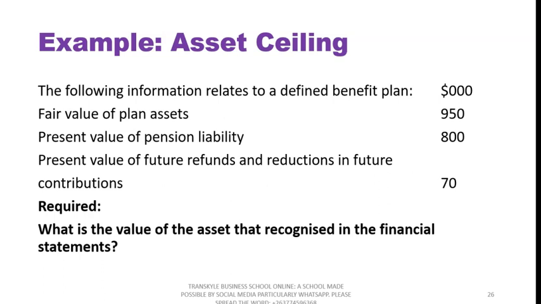The fair value of the plan assets was 950, present value of pension liability 800, present value of future refunds and reductions in future contributions that's 70,000. Required: what is the value of the asset that is recognized in the financial statements?